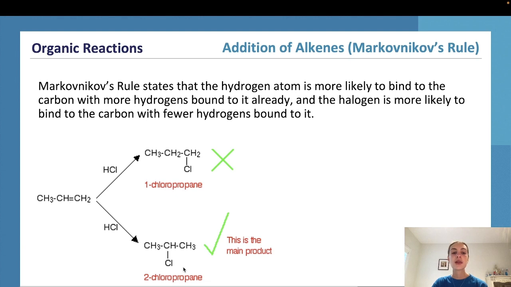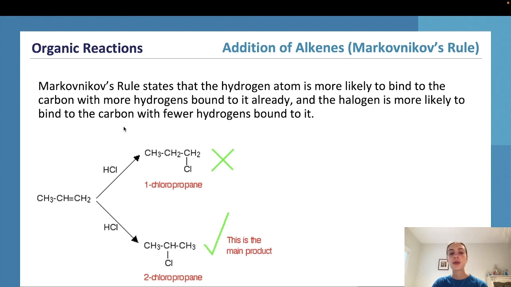And this is because in 2-chloropropane, on the second carbon along on the molecule, there's only one hydrogen bonded to it, whereas on the third carbon along, or the first carbon along on the molecule, there's two hydrogens bonded to the carbon.